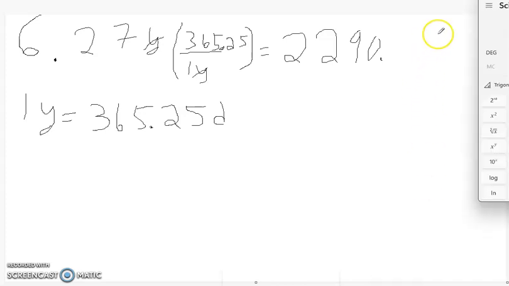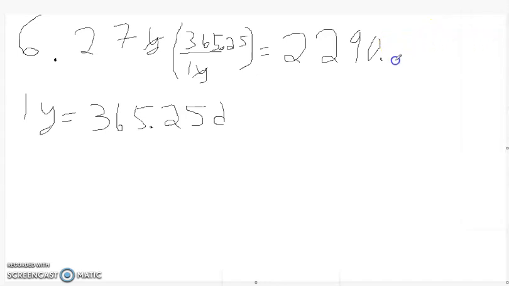Is that right? Yes, 0.12. It's 117, but since 7 is greater than 5, we round up. And that's the number of days. A D for days is perfectly fine. So there's the answer for figuring out what the period is in days, and this, of course, is the answer for the period in years. So that's how you do that one.